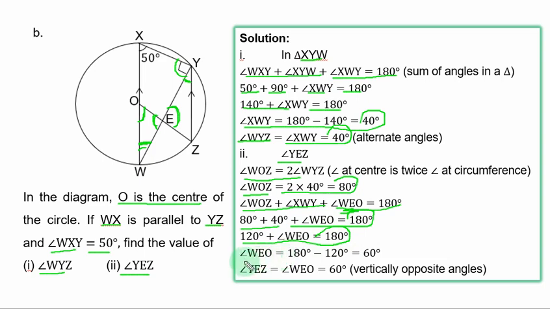To get angle WEO, collect like terms and subtract, you have 60 degrees. Therefore, angle YEZ is equal to angle WEO, and that is 60 degrees. Vertically opposite angles.